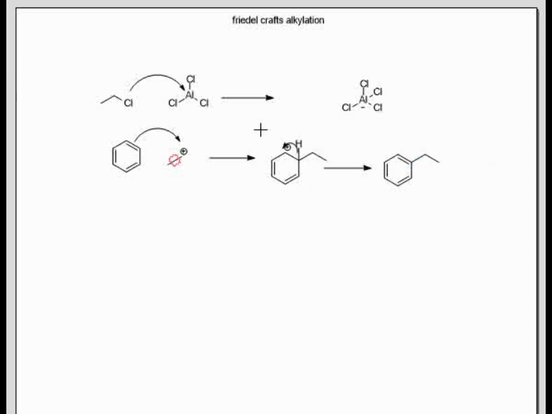And what happened to the H plus that left? We know that the AlCl4 complex is still in the medium, and the H plus is still in the medium. It has a positive charge, and they're going to react together to form AlCl3 and HCl.